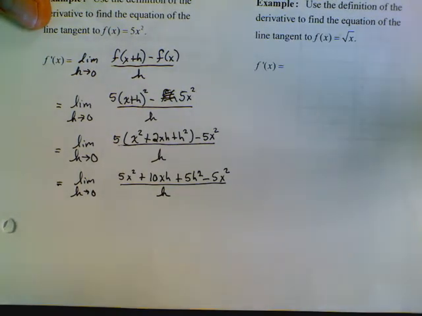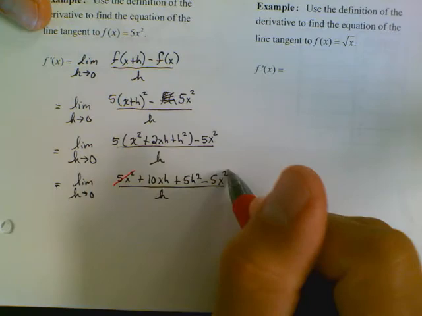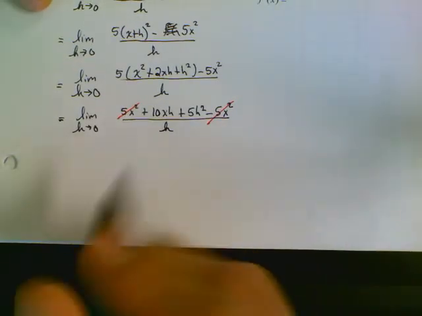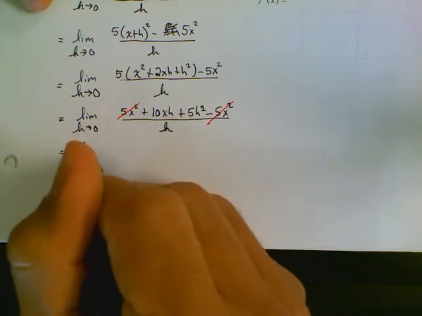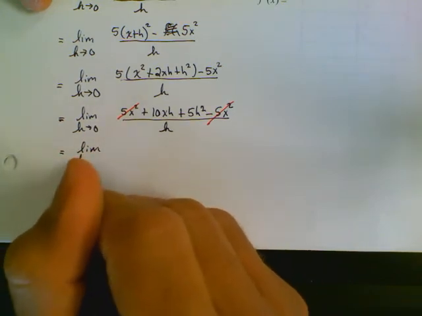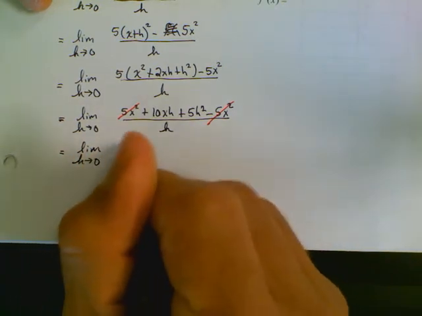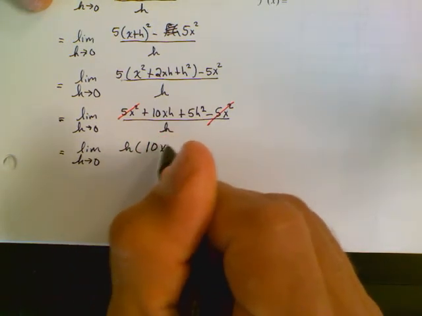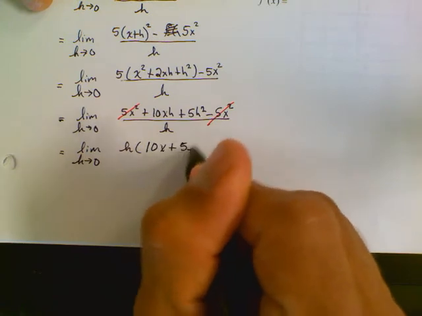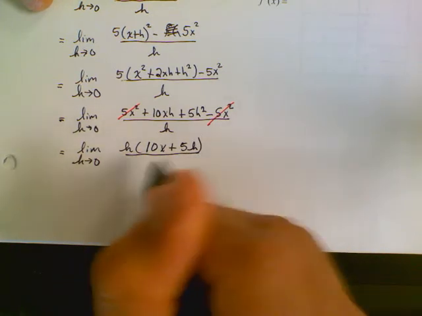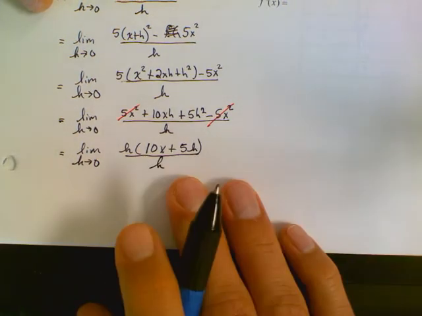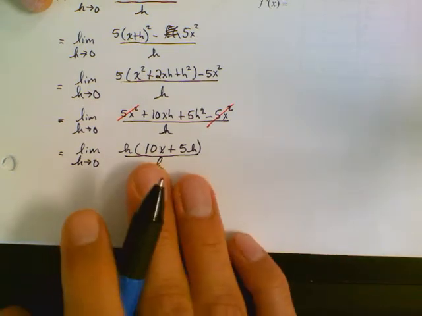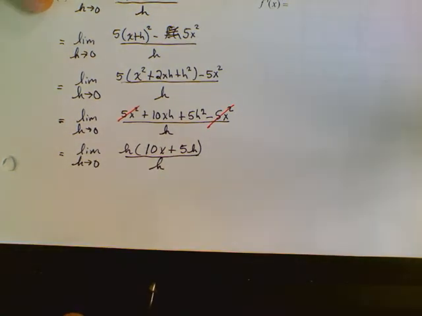And what I'm noticing is that I have a couple of quadratic terms that can cancel out. And then a beautiful thing happens: I can factor out an h in the numerator. And this feels a lot like the last video. If you haven't taken a look at that, there is a piece in the last video where I was able to do a step a lot like this, where we took an h out on the top.